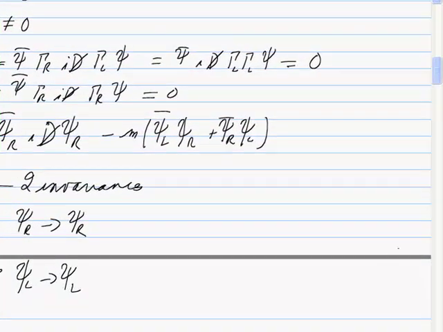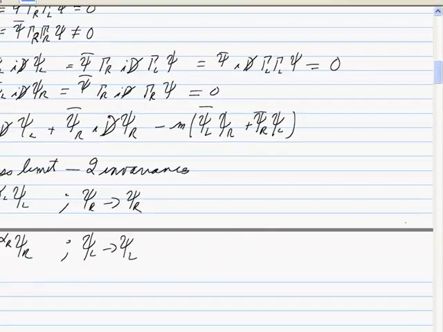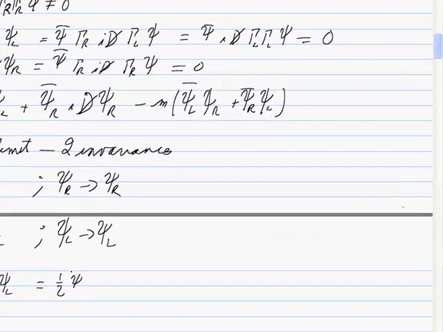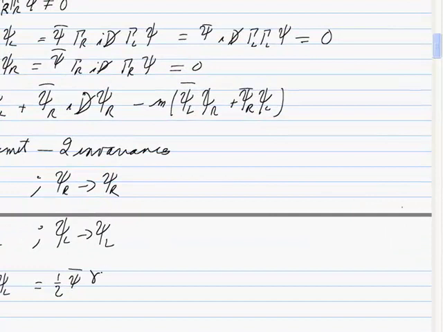So Noether's theorem tells us that there's two separate currents. L mu is psi bar left gamma mu psi left, just forms of the left currents, which is then psi bar gamma mu (1 plus gamma 5) psi.